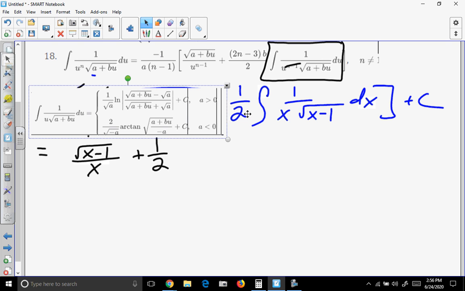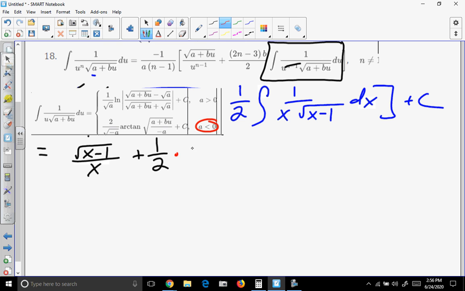So since our a is -1, we're using the bottom version. So that integrates into 2 over the square root of -a, which is negative, a is -1, arctan of the square root of a plus bu, which is x minus 1, over negative a, and then our plus c.